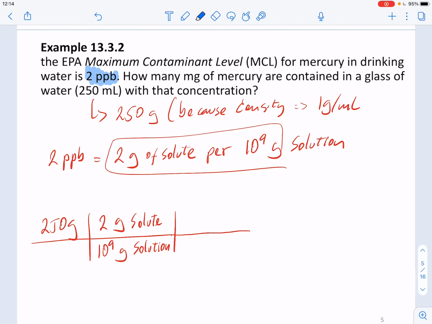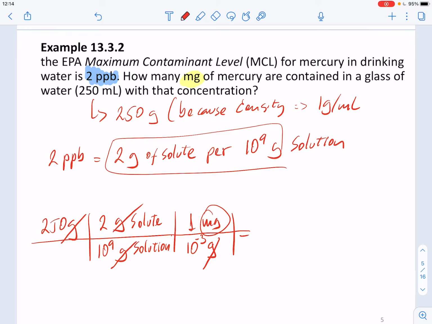Since the question asks for milligrams, then we need an extra conversion factor here that tells you 1 milligram is equal to 10 to the negative 3 grams. And with that, grams of solute cancel with grams of solute, grams of solution cancel with grams of solution, and we end up with milligrams of solute.